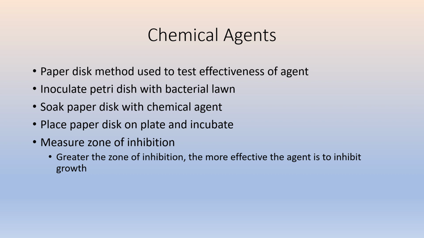Then what you're going to do is you take little paper discs, and honestly in our lab what we often use are the little paper circle tabs from when you use a hole puncher. We save those tabs, sterilize them. That's about the size we're talking about. You take that paper, you dip it into whatever chemical agent you're wanting to test.